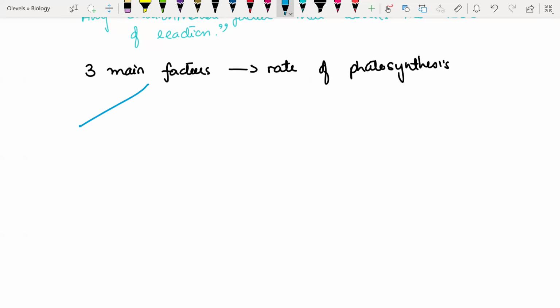What are those three main factors? The first is the temperature, then we have light intensity, and then we have carbon dioxide concentration.